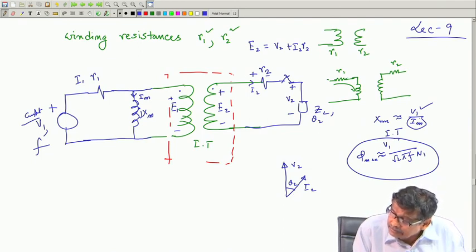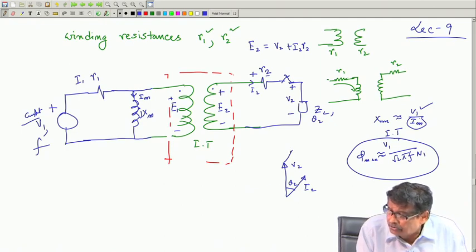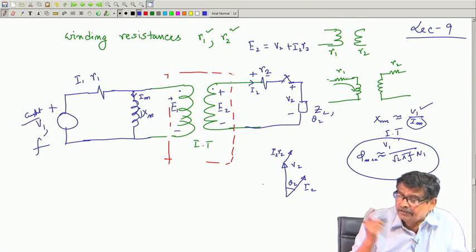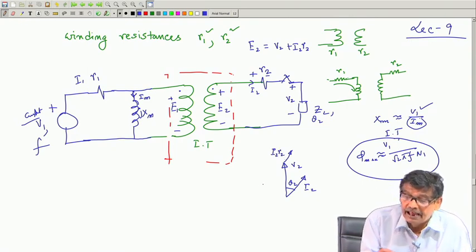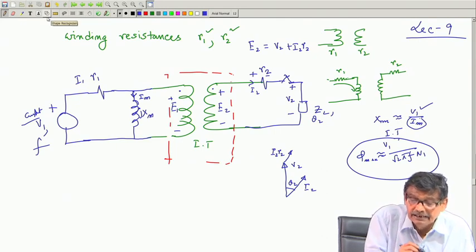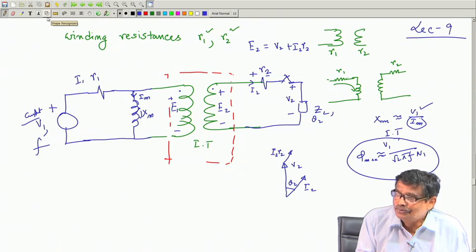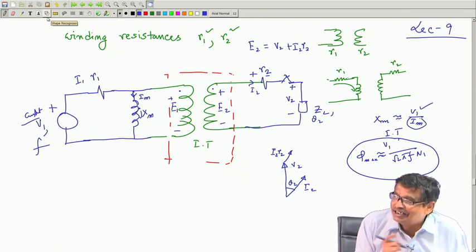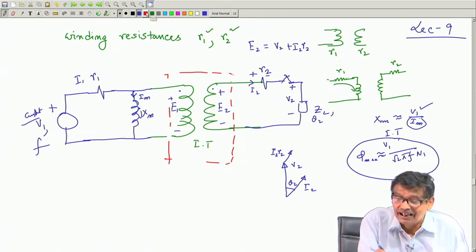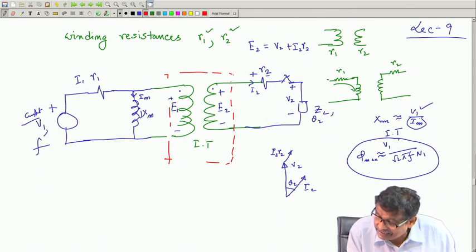I 2 R 2 drop will be very small, because R 2 is small. If you do that, you will get your E 2, the induced voltage in this ideal transformer, which I will draw by a red line here.